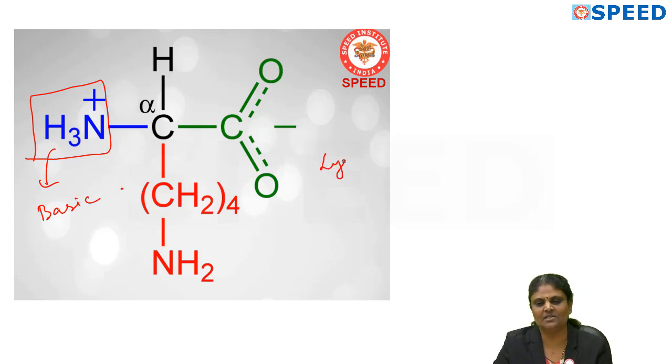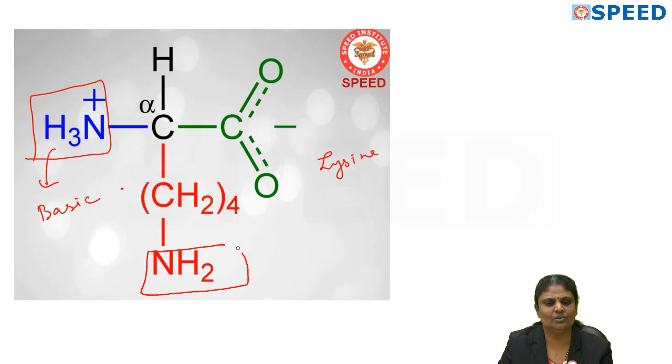Okay, so this is the structure for lysine. So this is amino acid. Okay, so hydrogen, one COO group and then here NH2 group. Due to the presence of this, it is basic. Already this is the amino group and this is the carboxyl group.